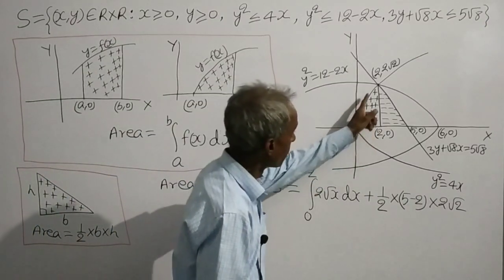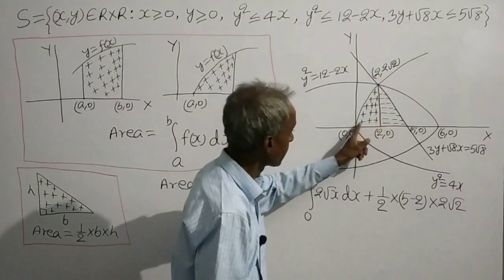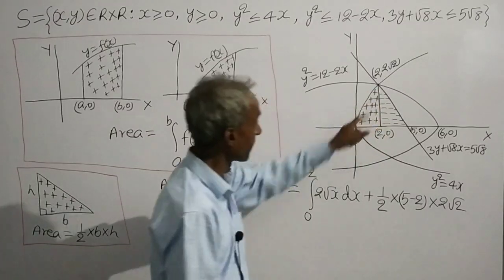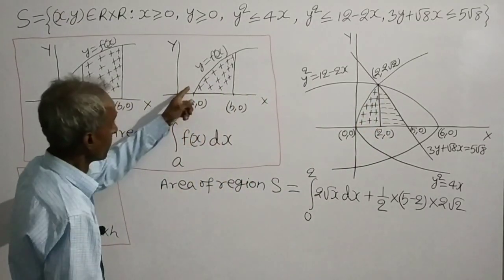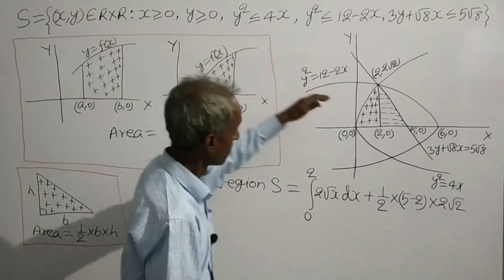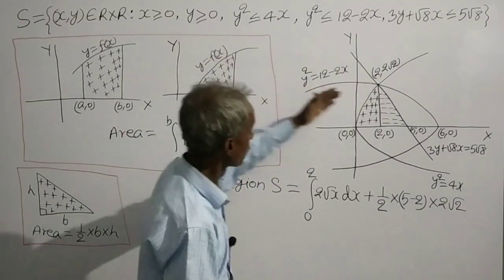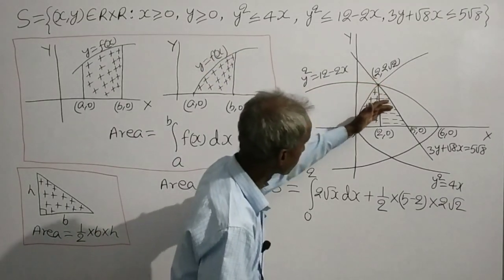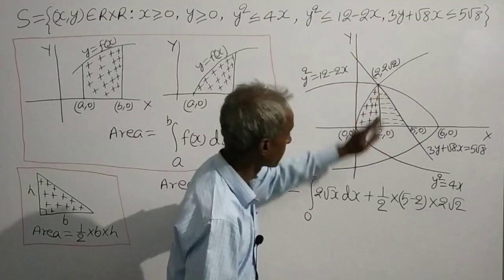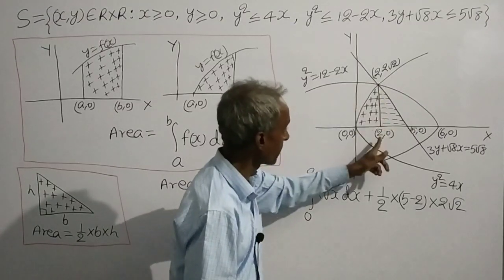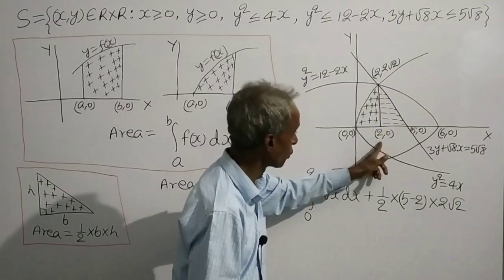Here this area shaded by plus sign lies below this curve, the x-axis, and this vertical line passing through (2, 0).